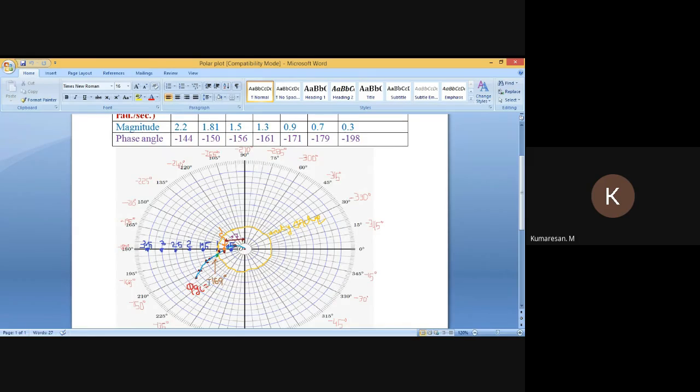From our graph we get the gain crossover angle as minus 169. Then the phase crossover frequency: how do we find it? The minus 180 degree line cuts the polar plot. From that point we have to measure the magnitude, from that point towards 0. That is 0.7. From this only we have to find the phase margin and gain margin.